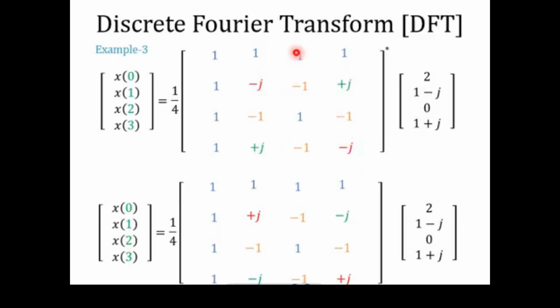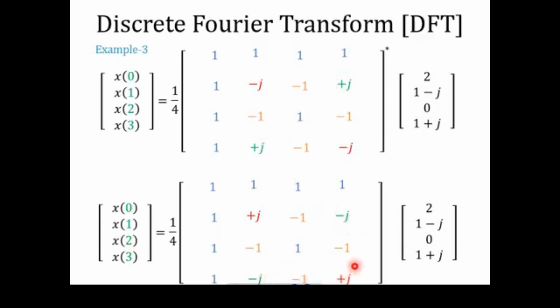So the real numbers, which are 1 and minus 1, will remain the same after taking the conjugate, while the imaginary terms, which are minus j and plus j, will become plus j and minus j. So this minus j and minus j is replaced by plus j, and this plus j and this plus j will become minus j and minus j.